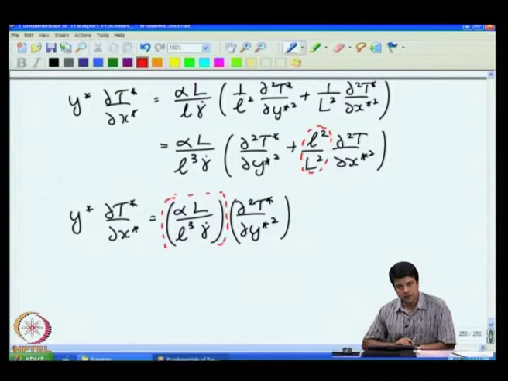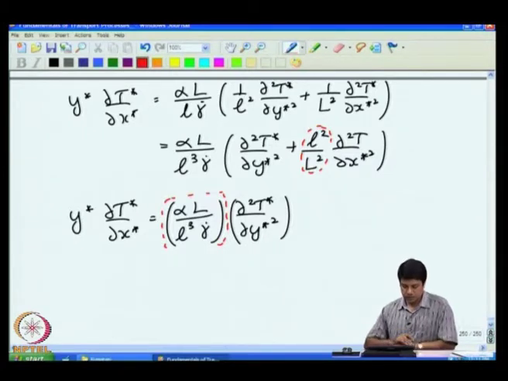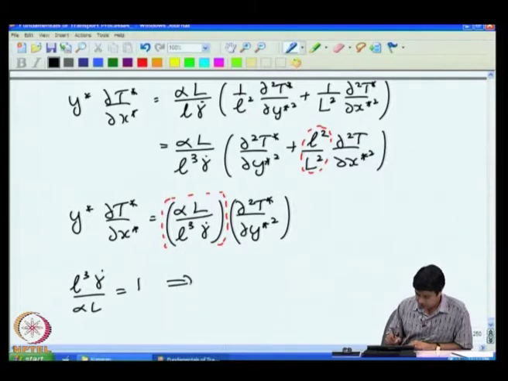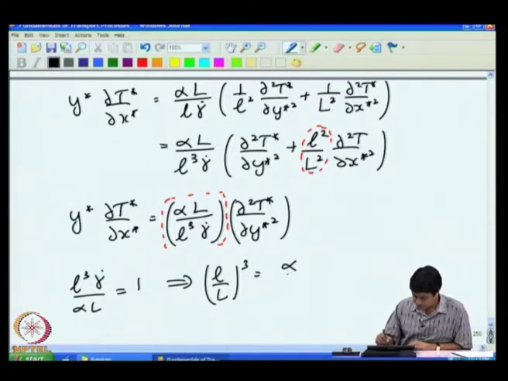If convection and diffusion are to be comparable in the limit of high Peclet number, I require that this term has to be order 1. That means that gamma dot l cubed by alpha L is 1, which means that l by L the whole cubed is equal to alpha by gamma dot L square.